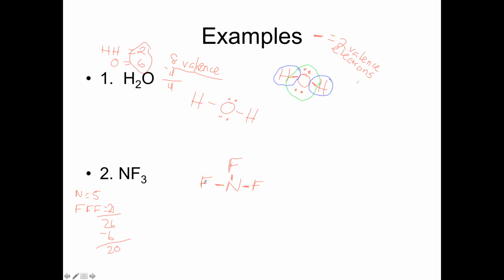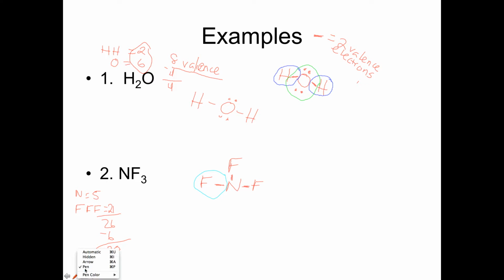The next step is to add the dots around the outside ones to fulfill their octets. Now, unlike hydrogen, fluorine does want to be surrounded by 8 total valence electrons. Right now the fluorine only has 2 on it because it's sharing the 2 with the nitrogen there.